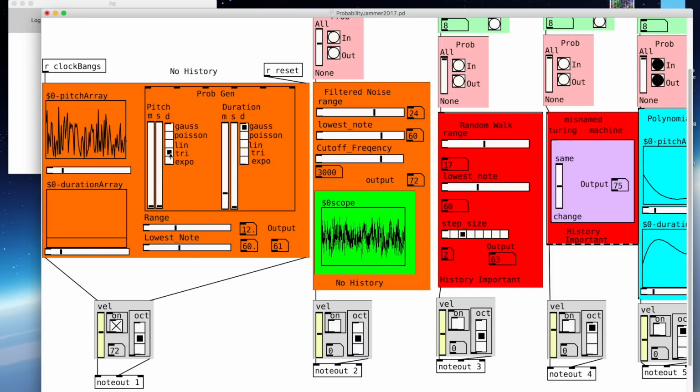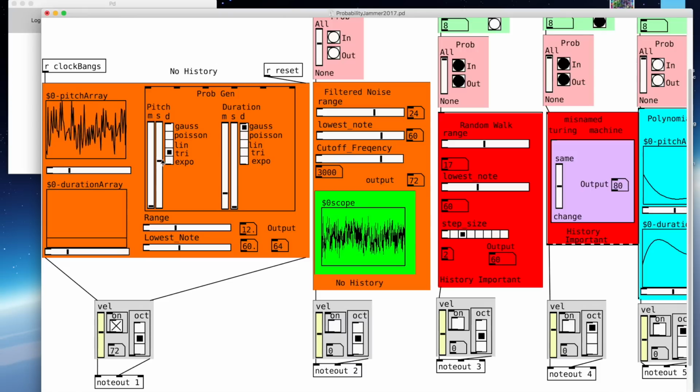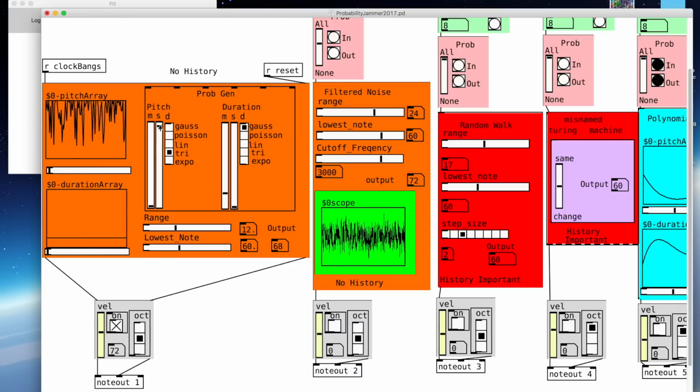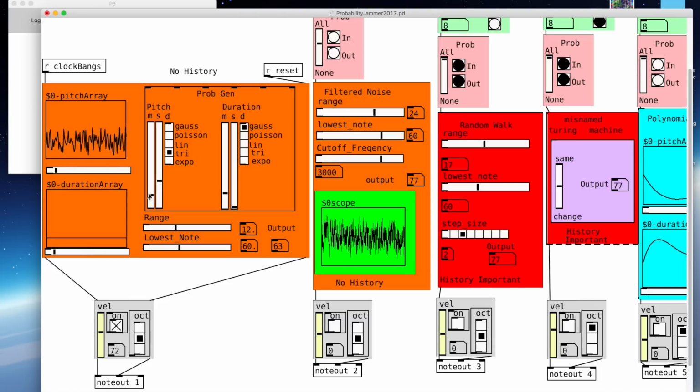The triangle distribution responds like that. This doesn't do anything. It just forces a recalculation.